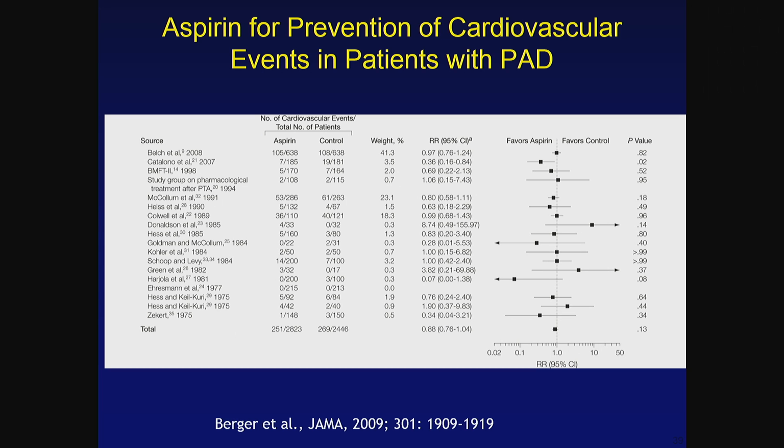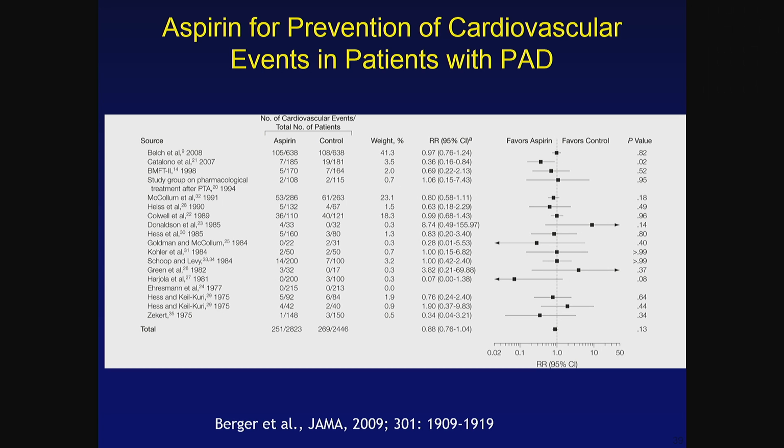This came into question a little later when additional meta-analyses by Berger in 2009 looked at patients with peripheral artery disease who do not have any coronary or cerebrovascular disease, but who have asymptomatic peripheral artery disease.